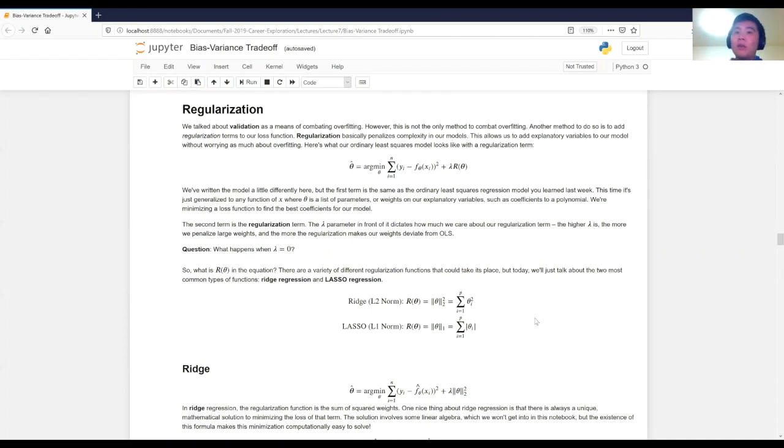Lasso, on the other hand, uses the absolute value of weights instead of their squares. So if my weight vector was A, B, the lasso penalty would be the absolute value of A plus the absolute value of B. There are specific instances in which you would want to use one over the other, and we'll talk a bit about that later.